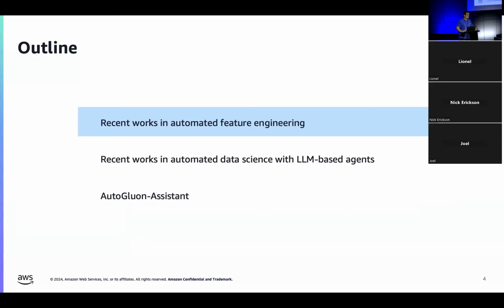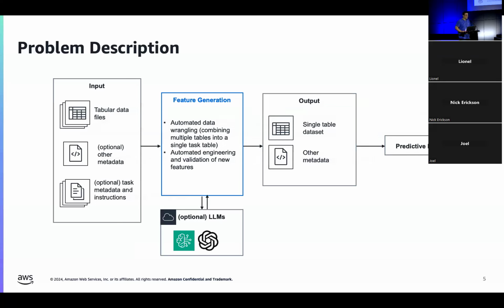Again, this will be non-exhaustive, so if this is missing your work, please also bring it up in the questions. Then I will move on to what we will be calling AutoGluon Assistant. This is very early work, taking its baby steps, that we're working on here in the team about bringing these elements together into an autonomous data scientist. And we'll see how that works.